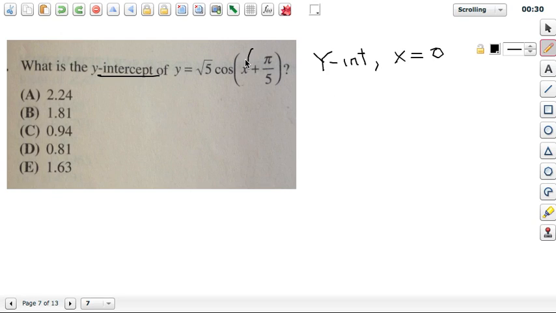So all you had to do was plug 0 in here and use your calculator, set it in radian mode, or check to see that it is still in radian mode, and then just plug in and calculate it on your calculator. 0 plus pi over 5 is simply pi over 5. The correct answer is B.